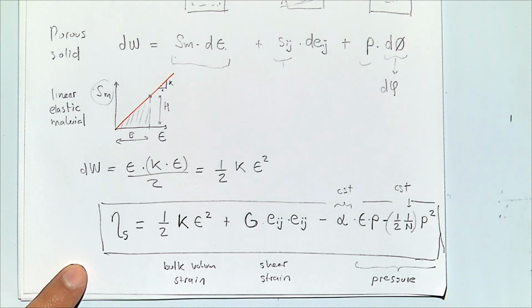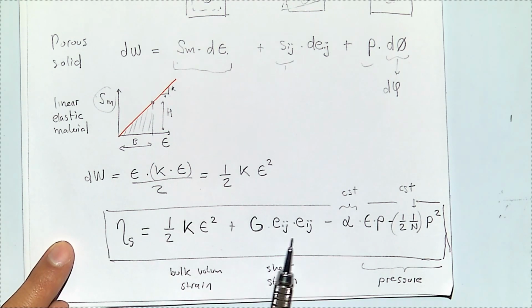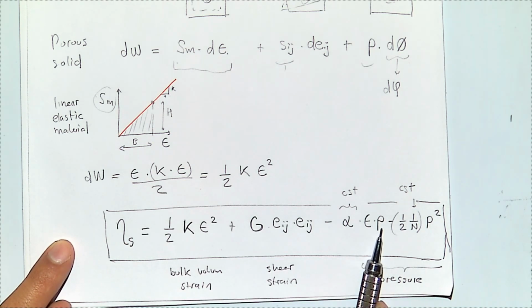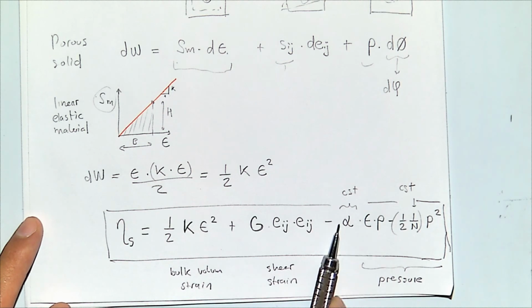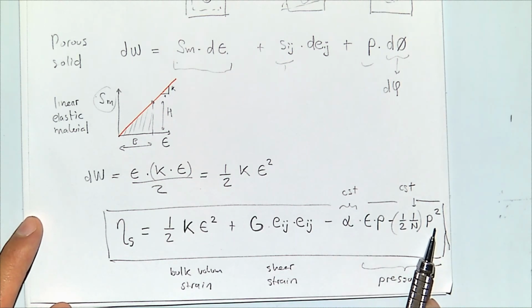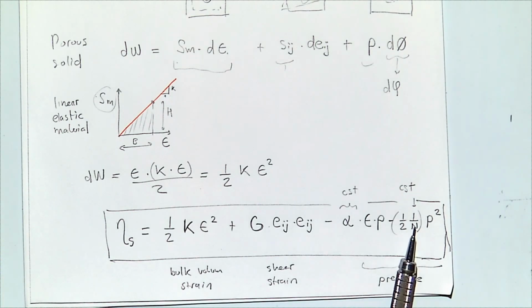That's something that we can vary, like our variables, if you may want to think in variables, are going to be volumetric strain, shear strain linked to a shear modulus, and pressure, where for pressure there's going to be a term that is linked to volumetric strain with a constant alpha, and pressure by itself squared with another constant, which is N. And we write it like this because that's going to be convenient later on. But those are just constants that we don't know yet, and we're going to derive on Monday.